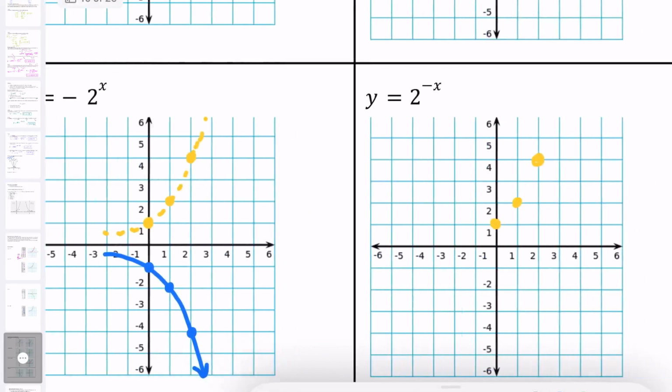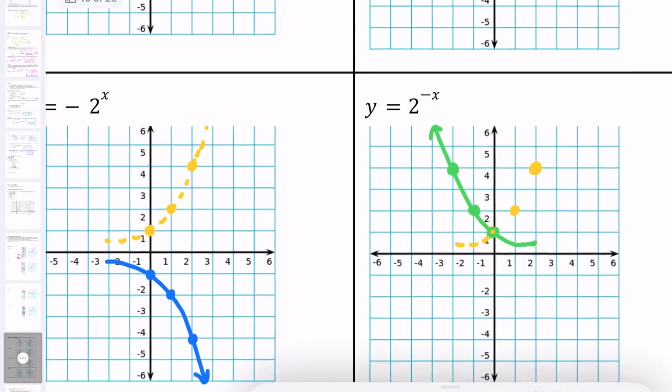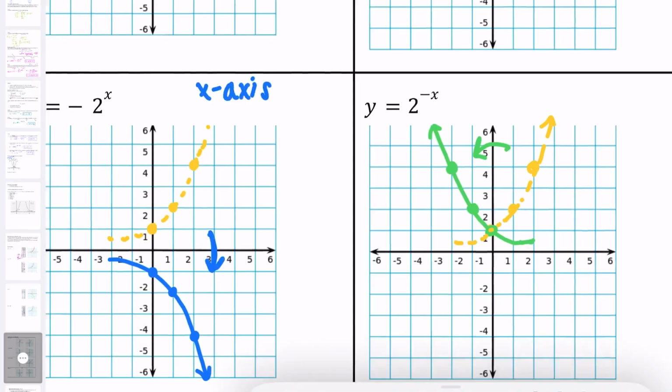This one reflects over the y-axis. Again, asymptote does not change. Okay. So reflecting here versus reflecting here. So this is for the x-axis. This is over the y-axis.